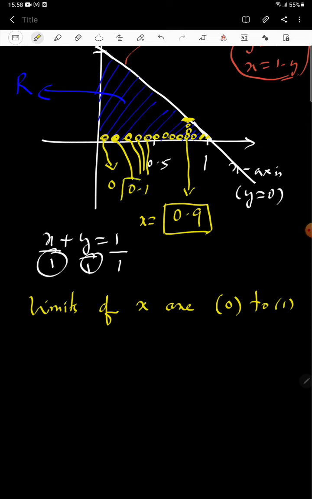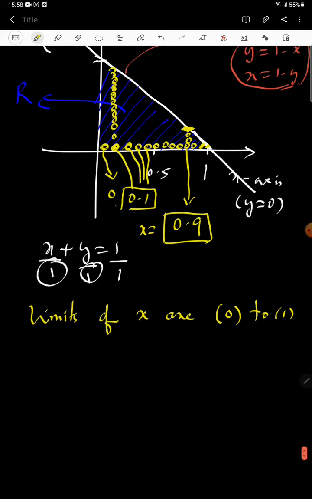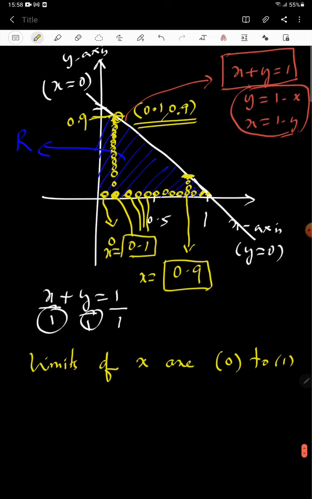And when x is 0.1, the yellow point can go up to this point, which is exactly 0.9, because this point is (0.1, 0.9). As it is on the straight line, the total value of x and y should be equal to 1. So when x is 0.1, y will be 0.9. When x is 0.9, y will be 0.1.